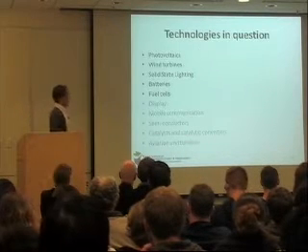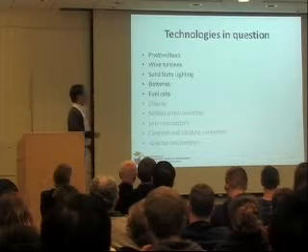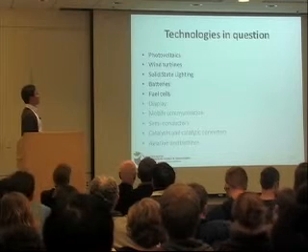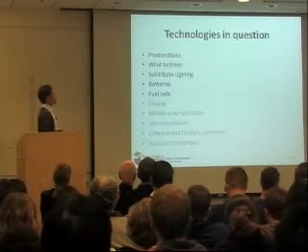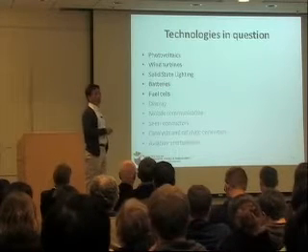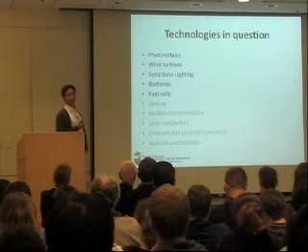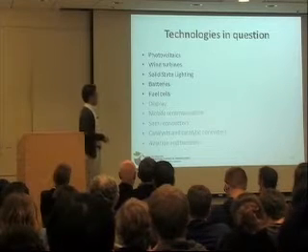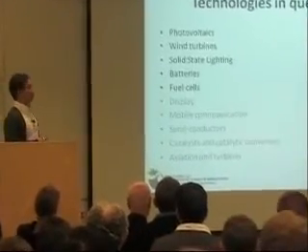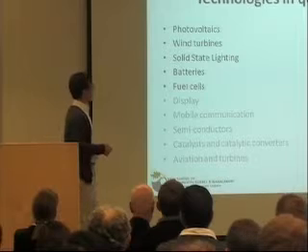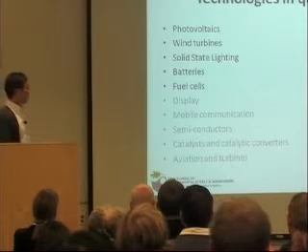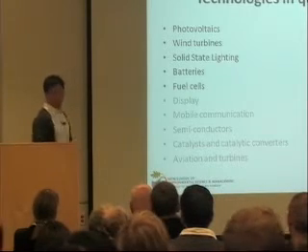So the technologies in question that are related to the use of these elements of concern are photovoltaics, wind turbines, solid-state lighting, batteries, fuel cells. These are all energy-related technologies, either energy-saving or renewable energy technologies. And there are also other technologies that are not directly related to energy saving or energy supply, but are very much relevant for these materials, which are displays, mobile communications, semiconductors, catalytic converters, aviation turbines, etc.